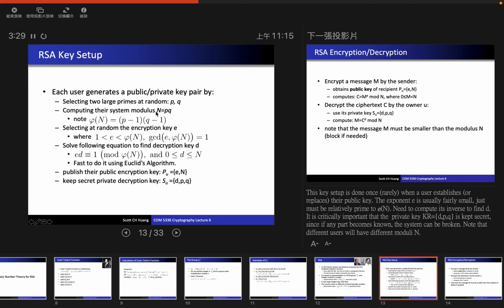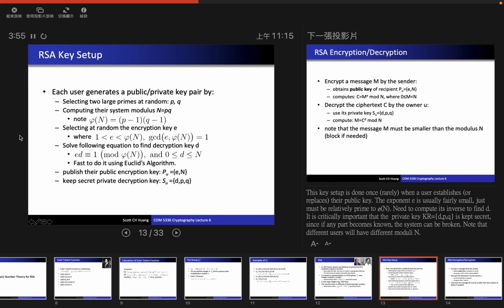So first we select two large primes P and Q, and then we compute the product n. No big deal, just multiplying them. Because P and Q are prime, phi(n) is equal to (P minus 1) times (Q minus 1), according to the corollary we just introduced.